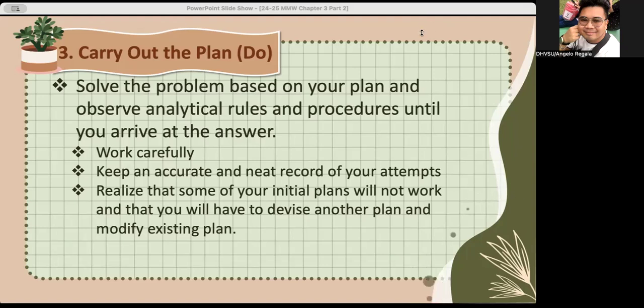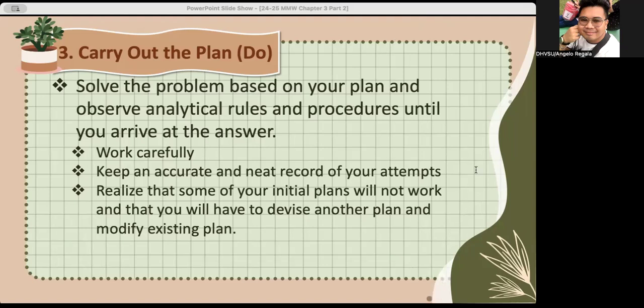Then as well, be mindful of your work. So work carefully. Next one is keep accurate and neat records of your attempts. Then realize that some of your initial plans will not work and that you will have to devise another plan and modify the existing one.